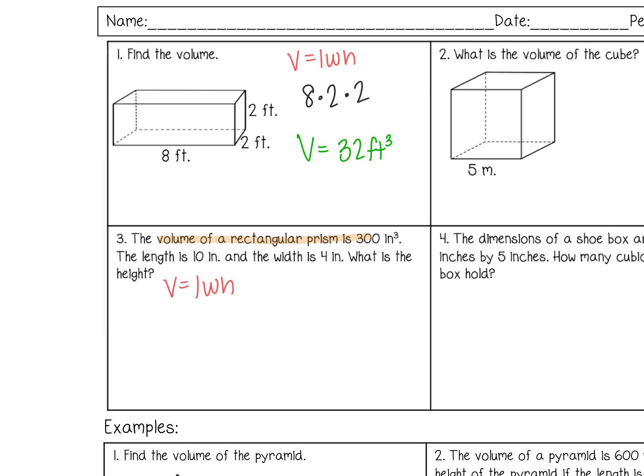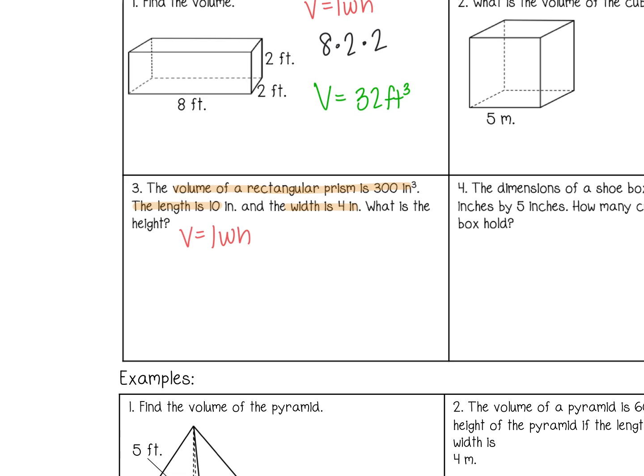They're giving me my volume. They're giving me my length and my width. All I'm going to do is plug it in. So plugging in that information to what was given, what I have right now is volume, which is 300, equals my length, which is 10, my width, which is 4, and I'm trying to solve for x.